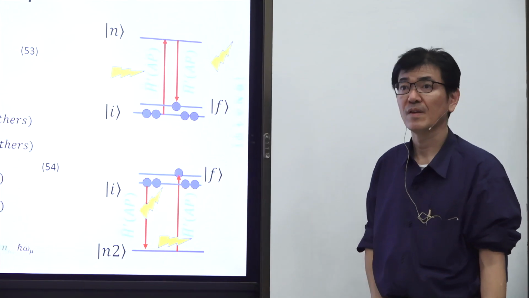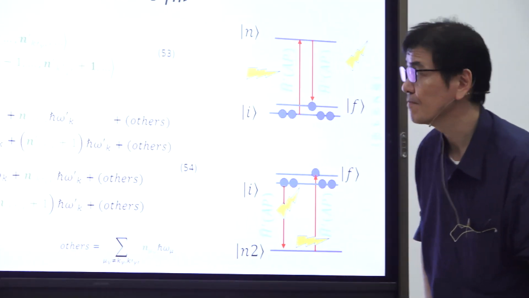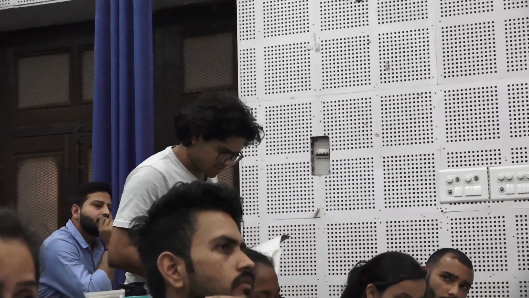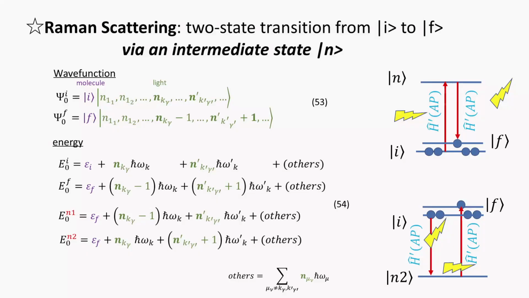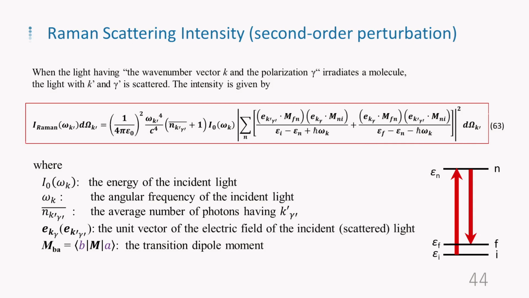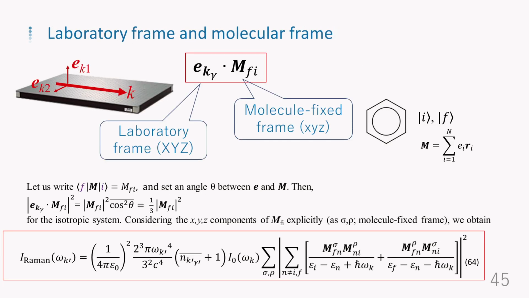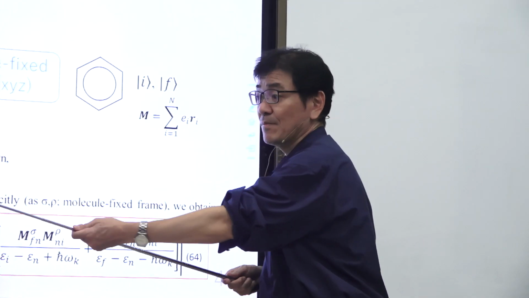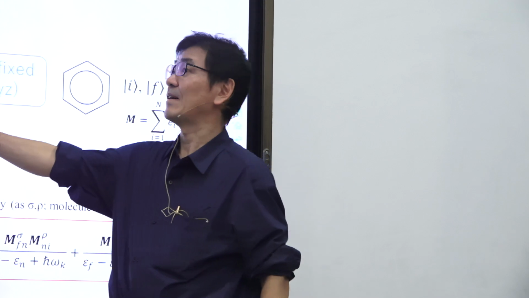And sir, after some point, there was a term where cos square theta was considered 1 by 3. You mean the spatial averaging? Yes. So, as I explained, the polarization of the laser beam is defined in the laboratory.